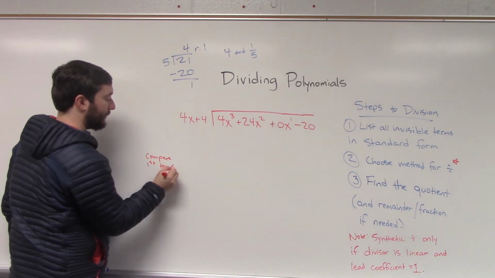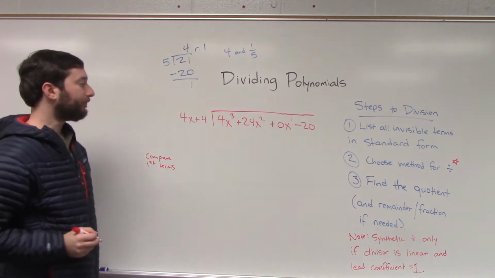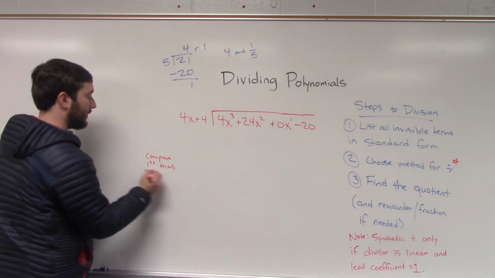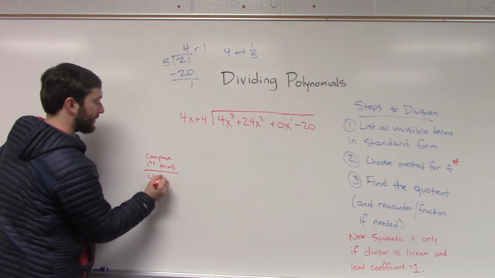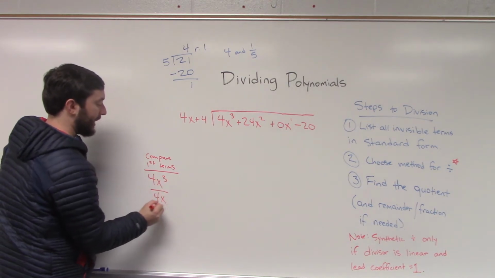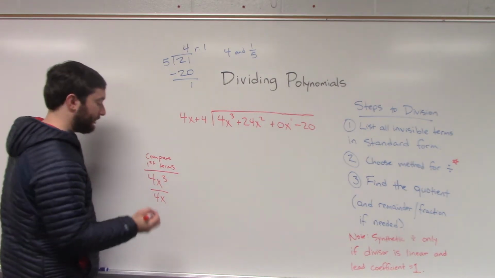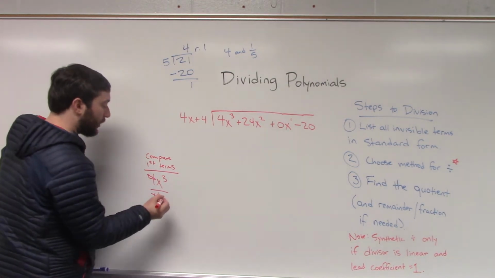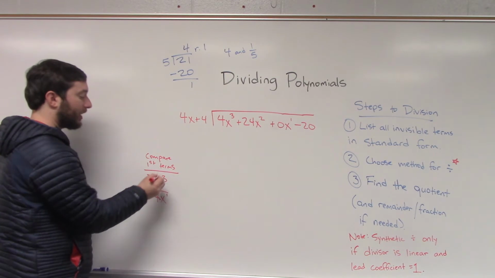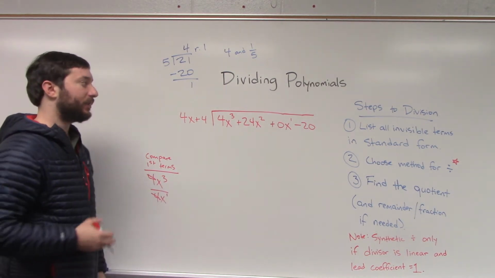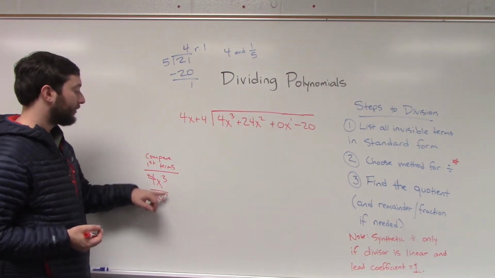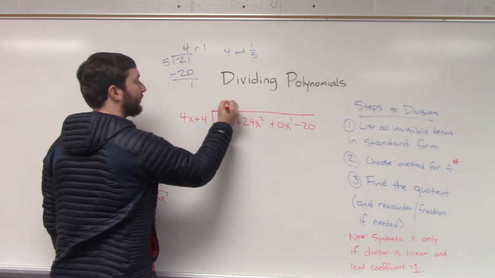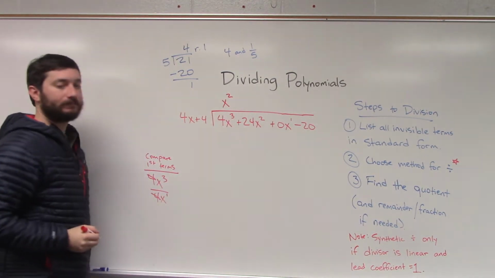For long division, we want to compare first terms, and that means we're going to take, for example, 4x cubed over 4x. Now, if I divide this out, 4 over 4 is a 1. And remember our quotient rule, when we have common bases and we're dividing them, we can subtract the exponents. 3 minus 1 is x squared, right?